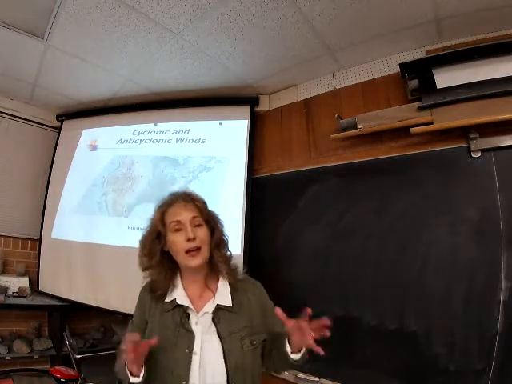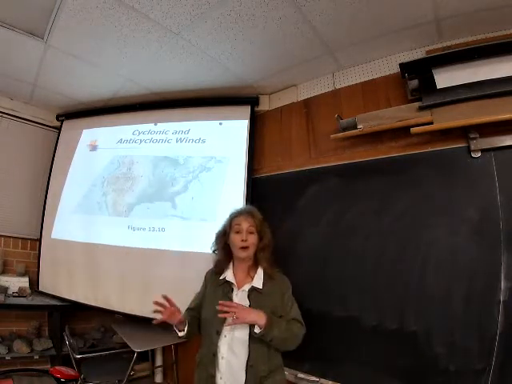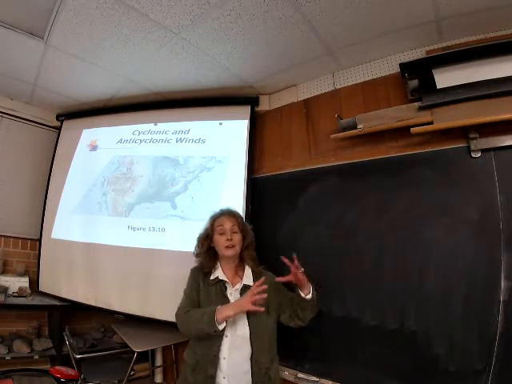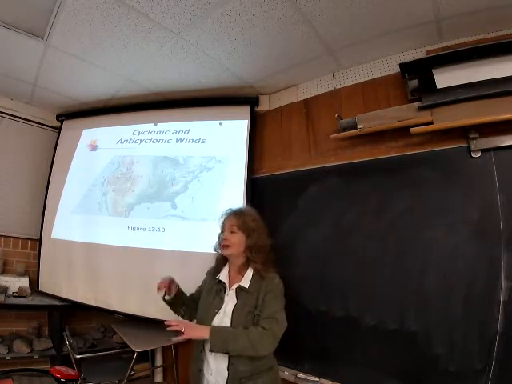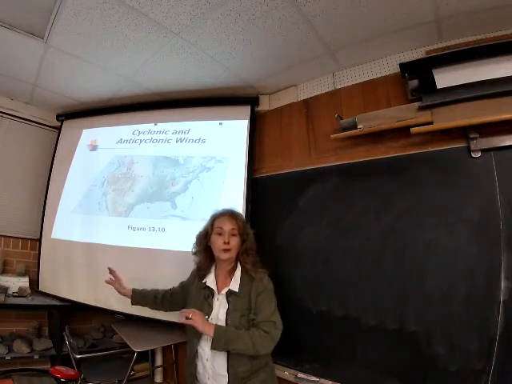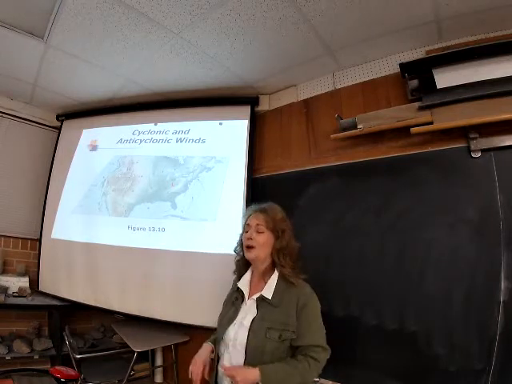So here we've got them side by side, and they really do follow one another, right? You've got an area of high pressure here, area of low pressure here, area of high pressure, area of low pressure. They follow one another.